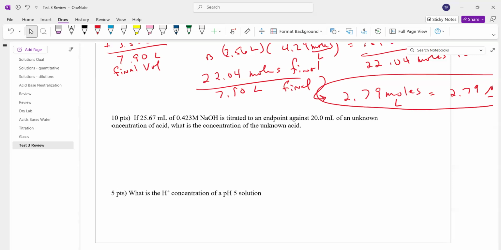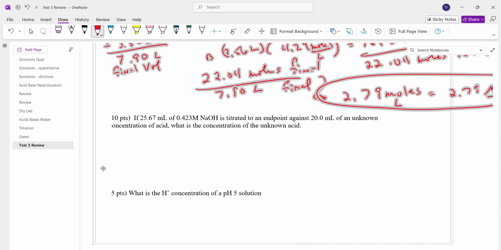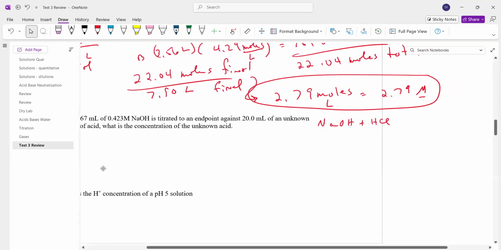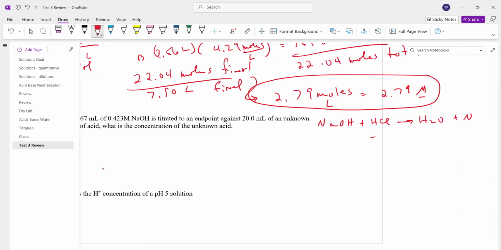Okay, so this balanced equation is going to be sodium hydroxide plus the unknown acid, which is HCl, giving water plus sodium chloride.